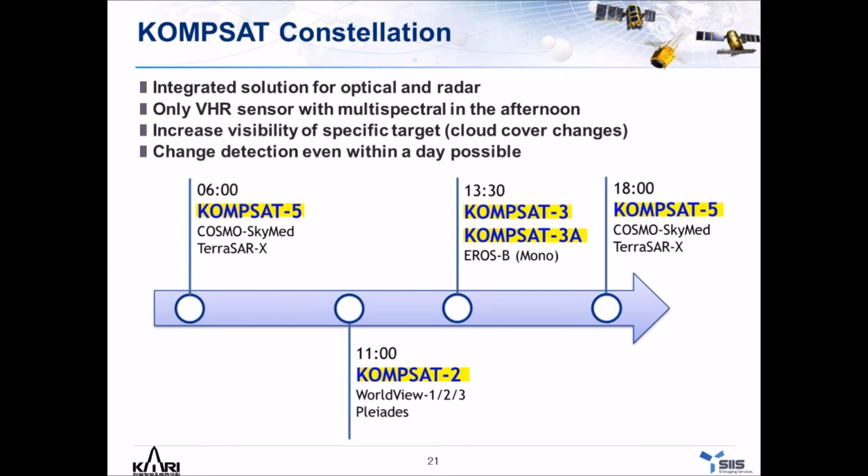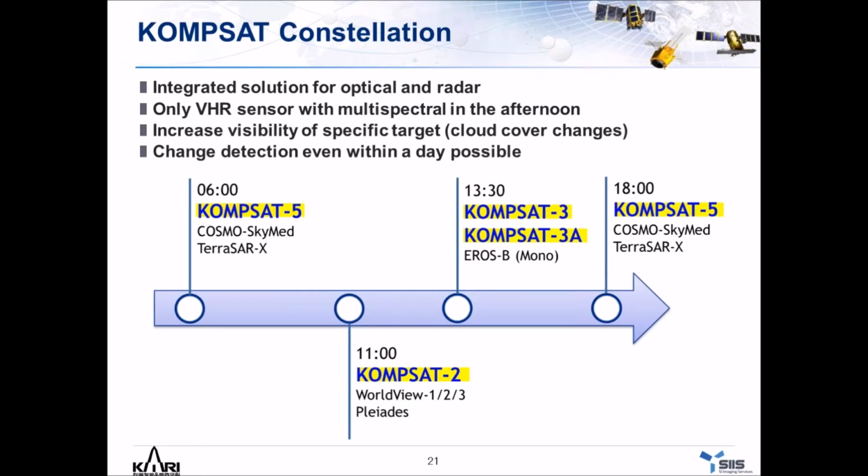The other unique thing is the unique time combination of optical and SAR satellite images. Kompsat-3 and Kompsat-3A are the only very high resolution sensors with a multispectral band in the afternoon. Most very high resolution optical satellites take images in the morning, but we don't know when there will be cloud or what event will happen at what time.